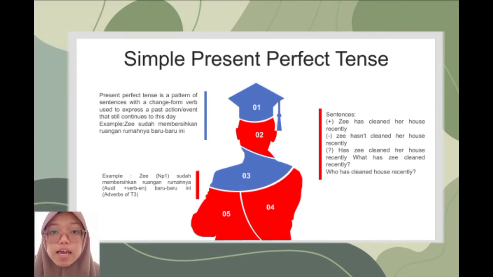Example, Z and P1 sudah membersihkan ruangan rumahnya, auxiliary plus verb, and baru-baru ini adverb of time 3. Positive: Z has cleaned her house recently. Negative: Z has not cleaned her house recently. Interrogative: has Z cleaned her house recently? What has Z cleaned recently? Who has cleaned the house recently?